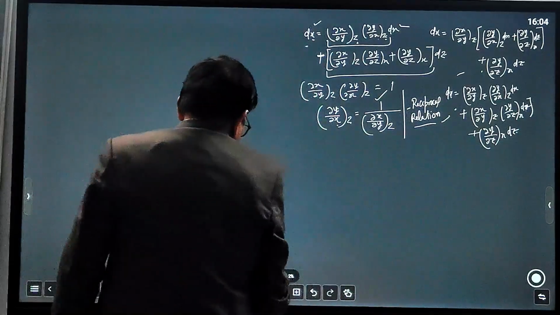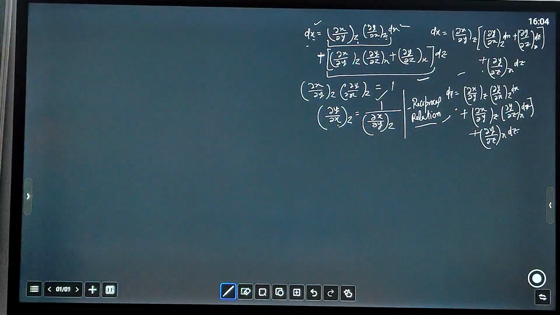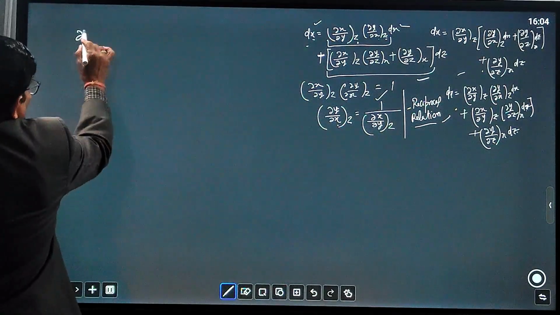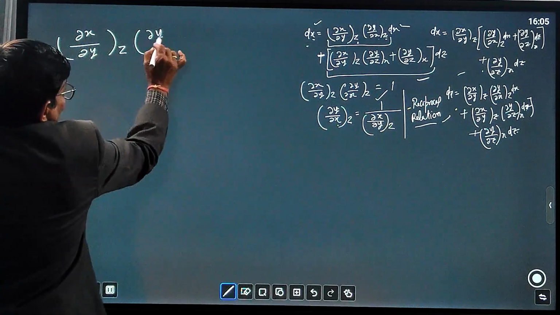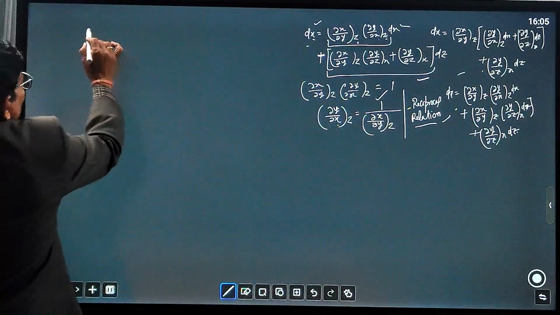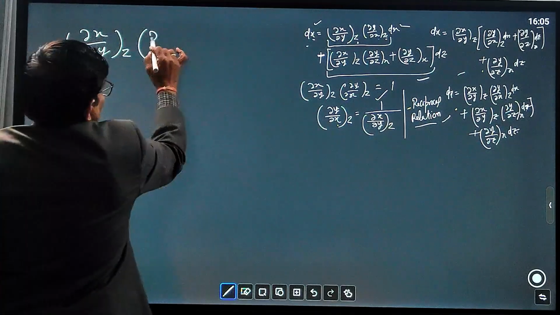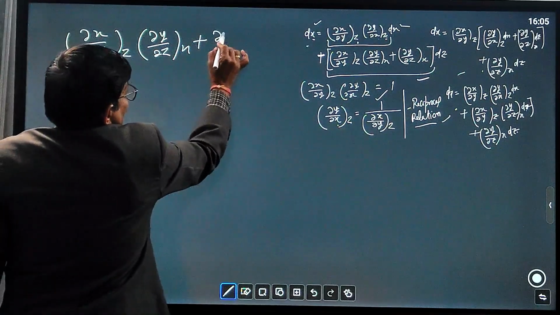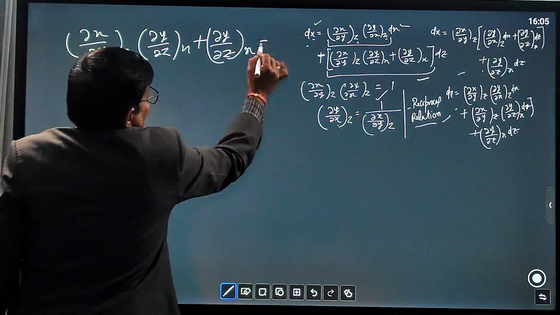Now see the second equation. Because the first term equals 0, this term should be 0, that's why dx equals dx. So taking the second part, (∂x/∂y) at constant z, (∂y/∂z) at constant x, plus (∂y/∂z) at constant x equals 0.